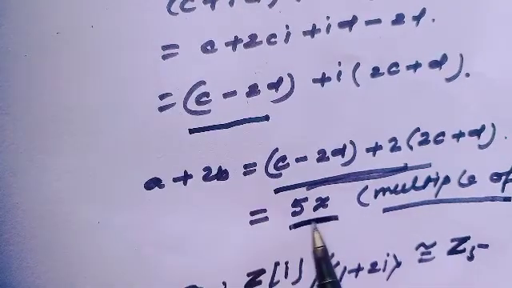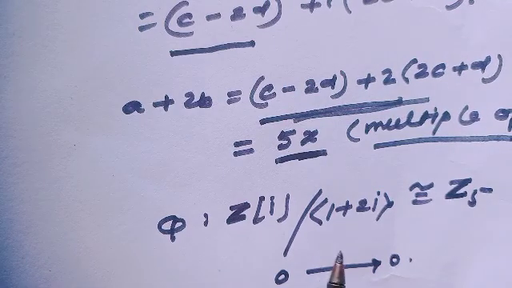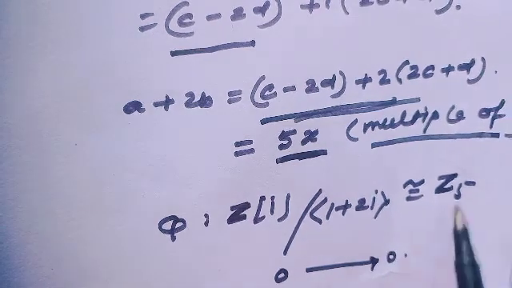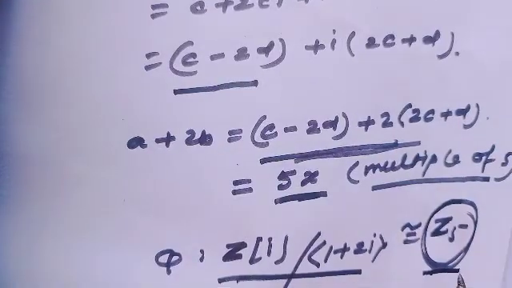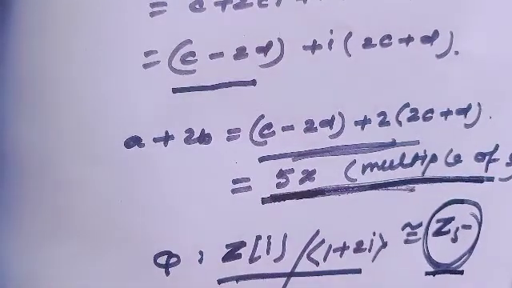So this is equal to 5x. By the ring isomorphism theorem, we can tell Z[i] modulo the ideal generated by 1 plus 2i is isomorphic to this set Z5. And this is because here the image is all multiples of 5.